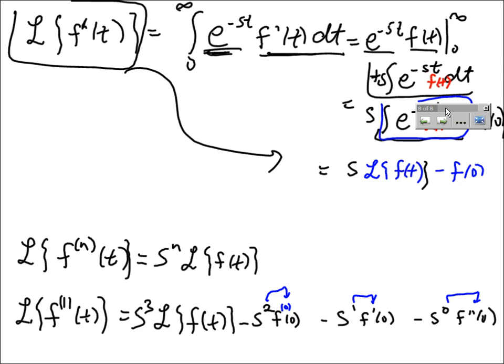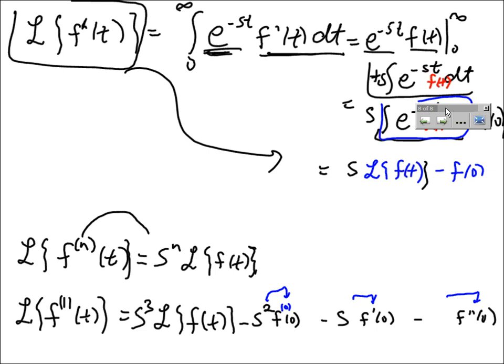Of course, you don't have to write down that s is s to the 1. And you don't have to write down s to the 0. Of course, it is 1. So, in the line above, we're going to have s to the n times the Laplace transform of f of t.